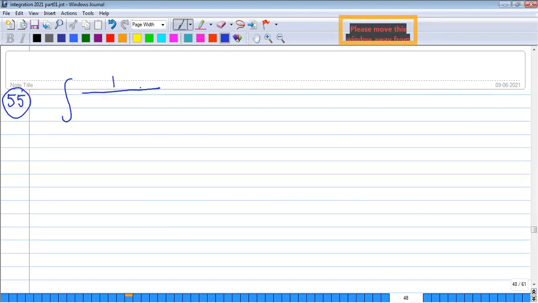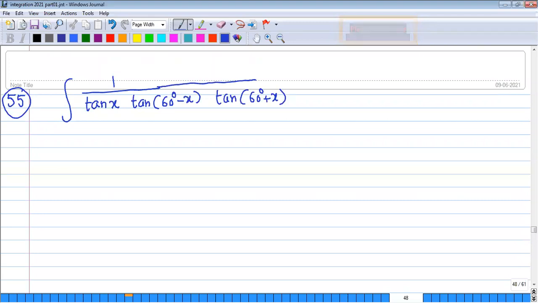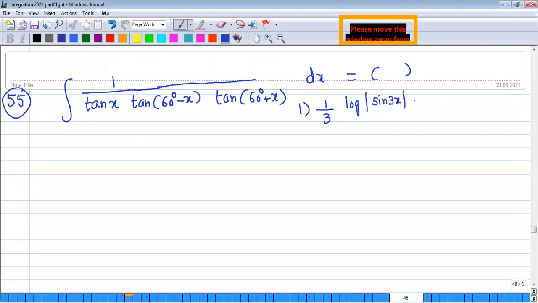Integral 1 upon tan x tan of 60 degrees minus x tan of 60 degrees plus x dx. First option: 1 by 3 of log mod of sin 3x plus c.